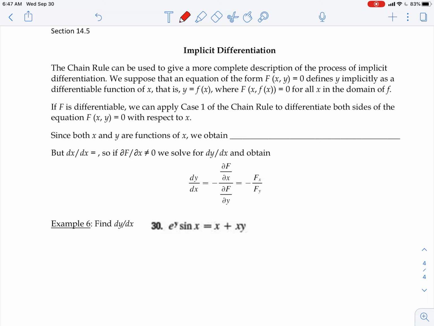If F is differentiable, we can apply case 1 of the chain rule to differentiate both sides of the equation F of x, y equal to 0 with respect to x.